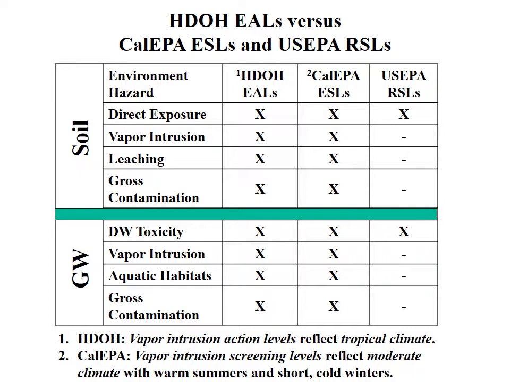So the California ESLs, I think, are about 2 to 4 times lower than Hawaii's ESLs, more conservative, because there's less attenuation of vapors as they mix into indoor air. So the vapors under the building need to be at a lower concentration to avoid impacts to indoor air. And your groundwater screening levels will also be lower.